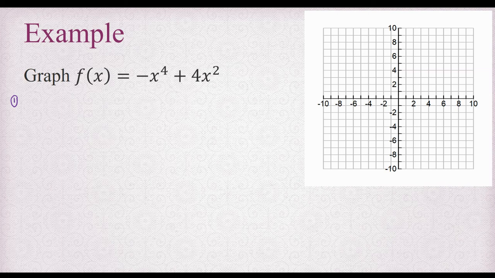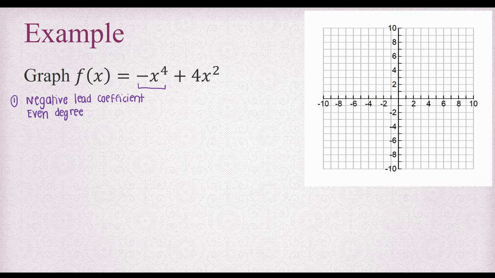When we are looking at that, I see that my lead coefficient is negative because I'm looking at this term. It's got the biggest exponent. The number in front is negative. Okay, so I have a negative lead coefficient. And notice that my exponent is 4, so that means I have an even degree.